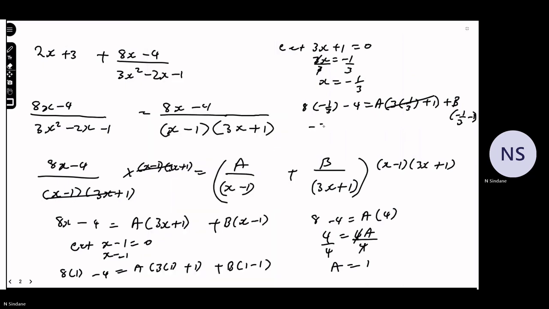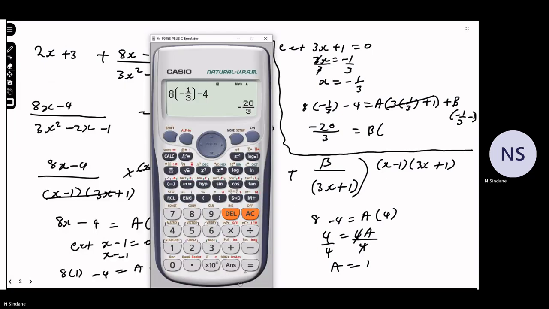Minus 20 over 3 equals b into negative 1 over 3 minus 1.